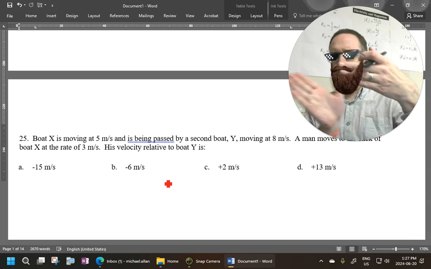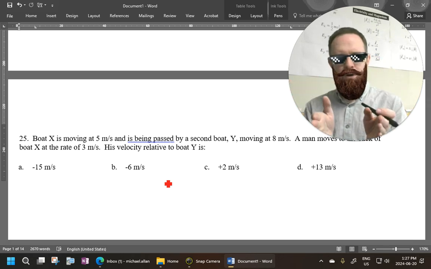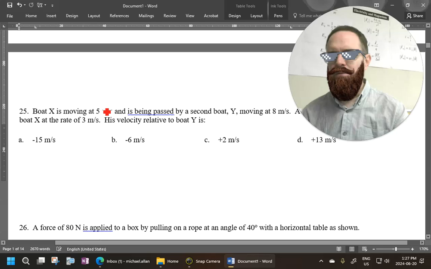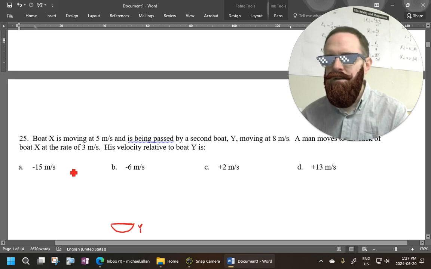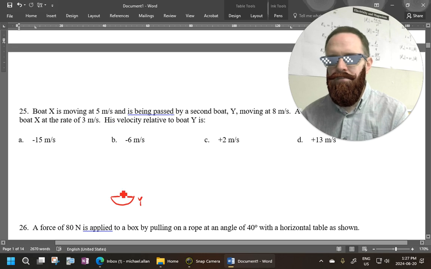But how this kind of works is that if you're just standing on boat Y, so say you're standing on boat Y, I'll draw my boat Y here. Here's boat Y. And what are you doing on boat Y? You are moving at 8 meters per second.